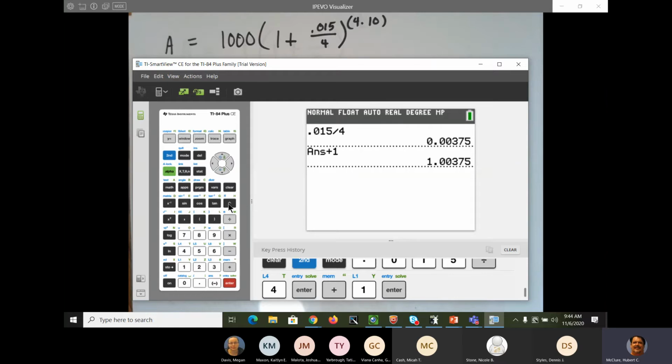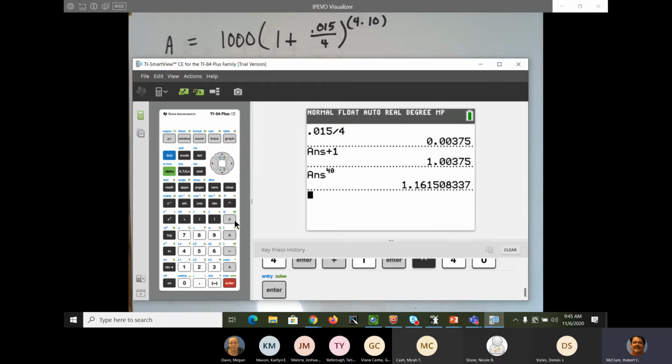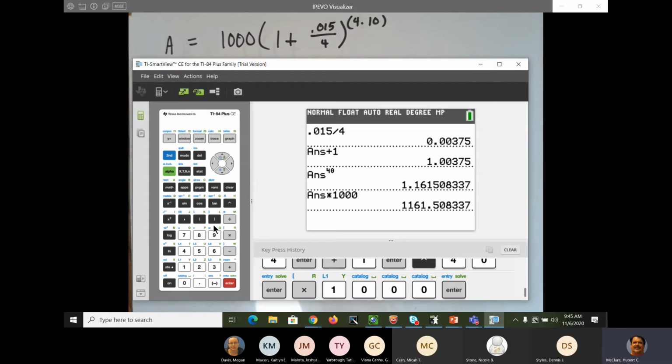I'm going to raise that, and 4 times 10, I'm not going to punch that in the calculator because I think everybody knows what 4 times 10 is. That's to the 40th power. And then multiply that by 1,000. So at the end of 10 years, I think it said 10 years, didn't it? I think so.